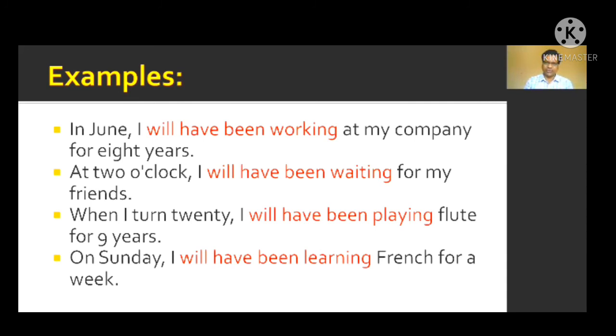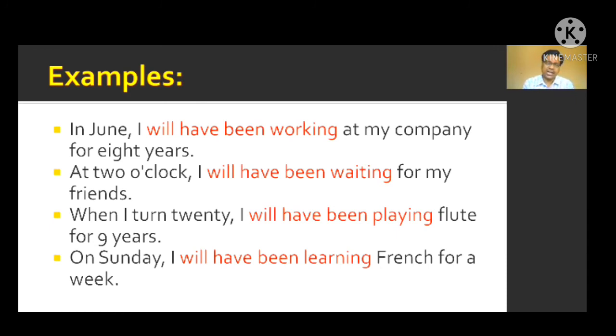Have been is constantly there in this kind of structure, right? That indicates the perfect tense. And V1 plus ing, that is working or waiting or playing or learning, all these words indicate the continuity of action. That too in the future, because the base of the sentence itself is in future.